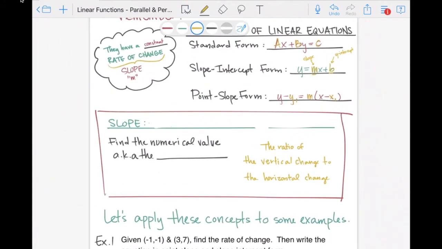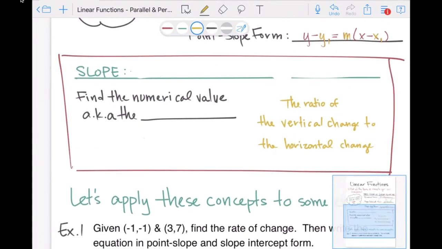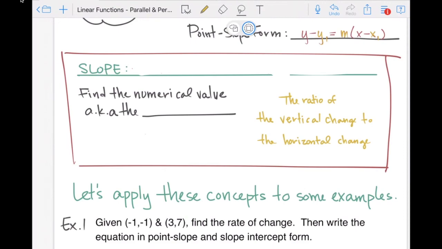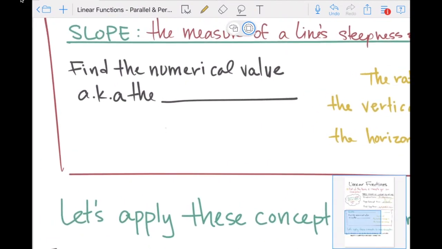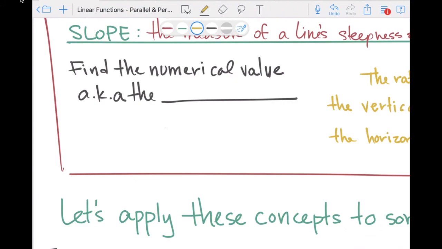Okay, let's talk more specifically about slope and review the concept and the equations that we use to find slope. The slope is the measure of how steep a line is and whether it goes uphill or downhill. To find the numerical value of a slope, you want to find the change in y over the change in x. Hopefully you're familiar with that symbol.